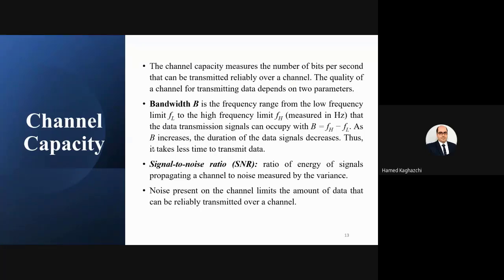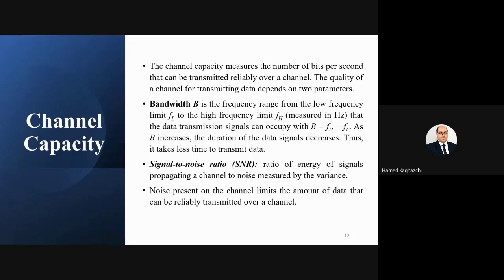We call low frequency FL and high frequency FH. So we define B, our bandwidth, as FH minus FL, the difference between the high frequency and low frequency.